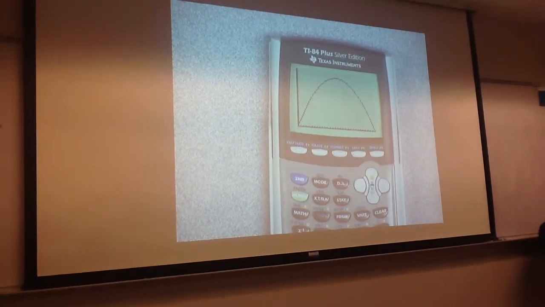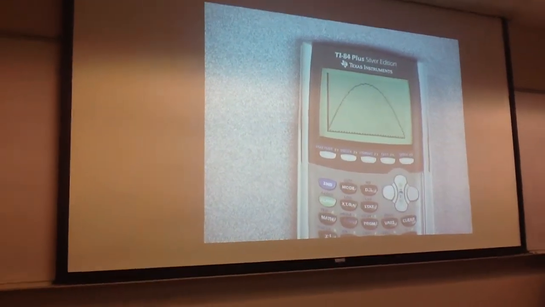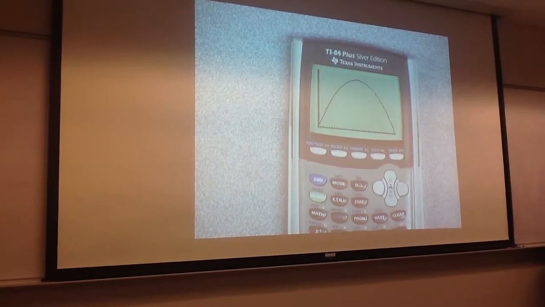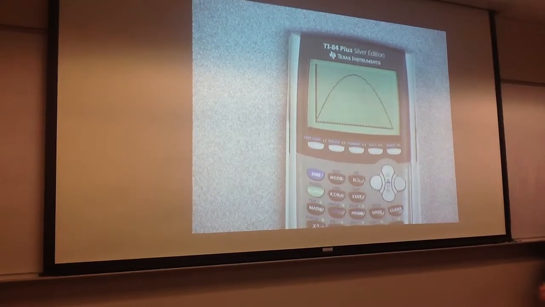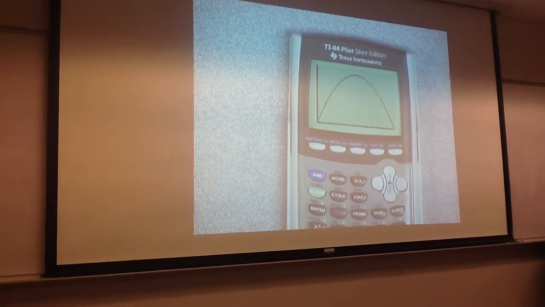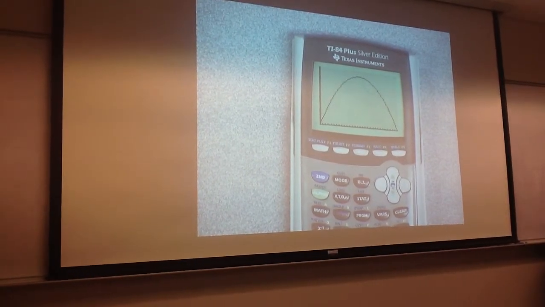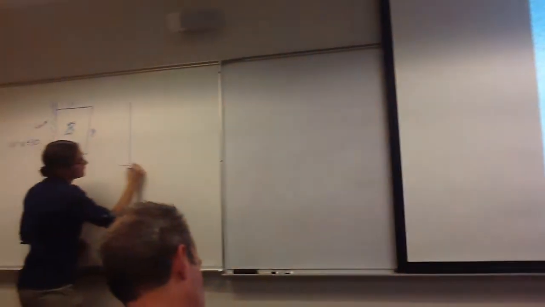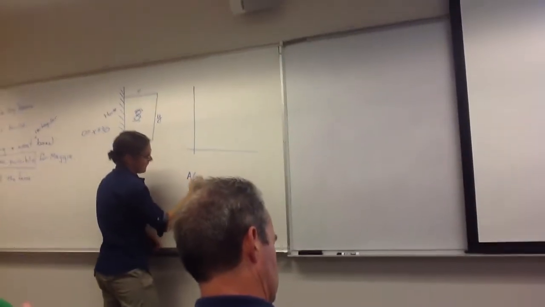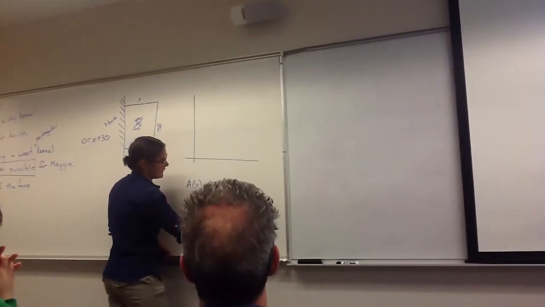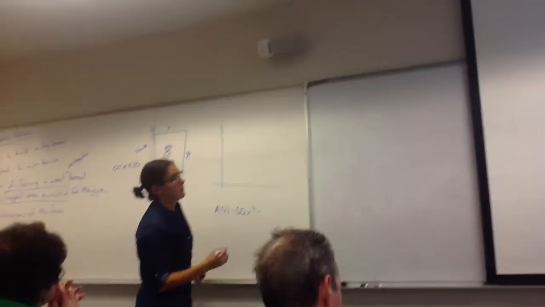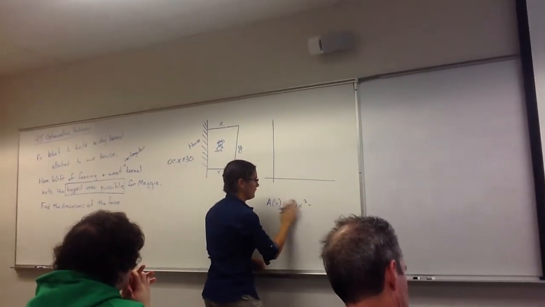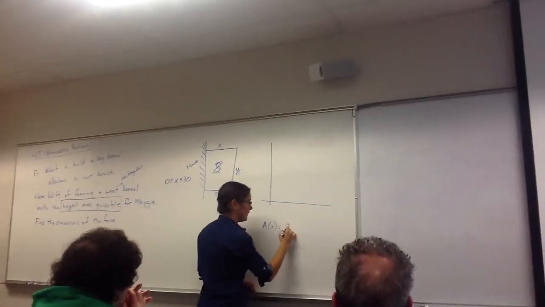And so what that parabola is doing for us, that parabola is saying, okay, I am graphing A of x is equal to 60x minus 2x squared.